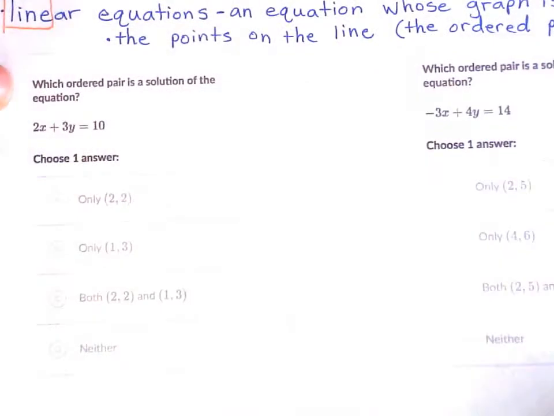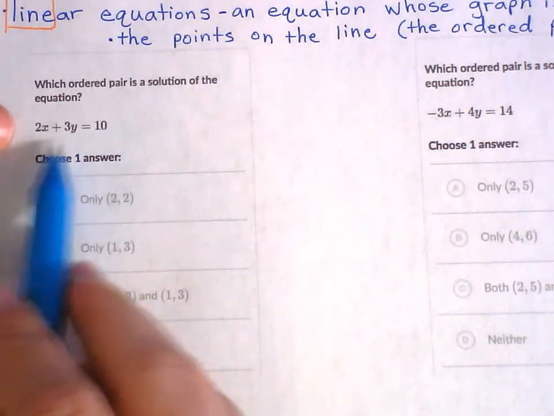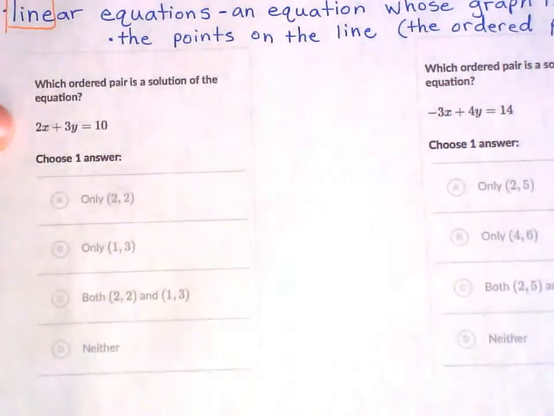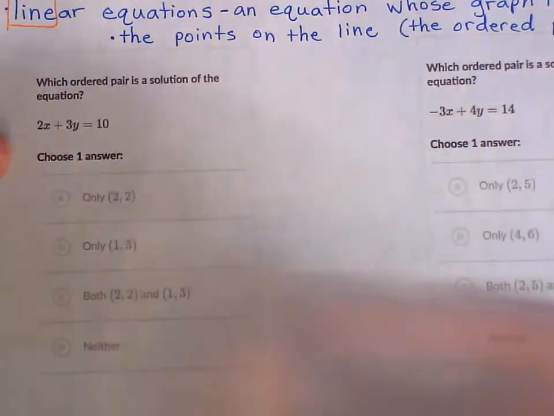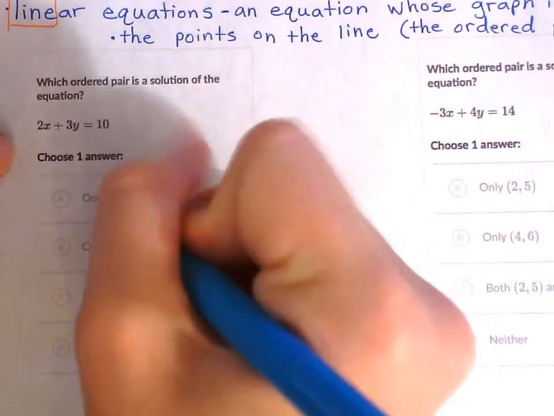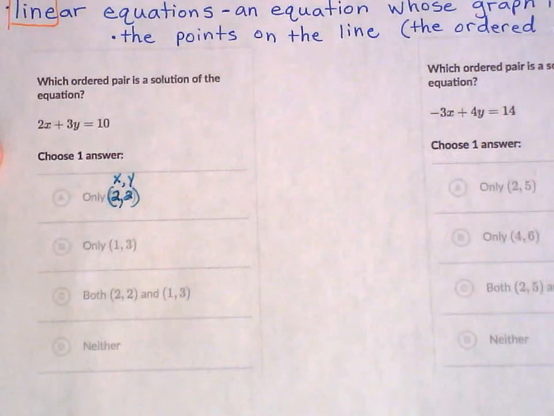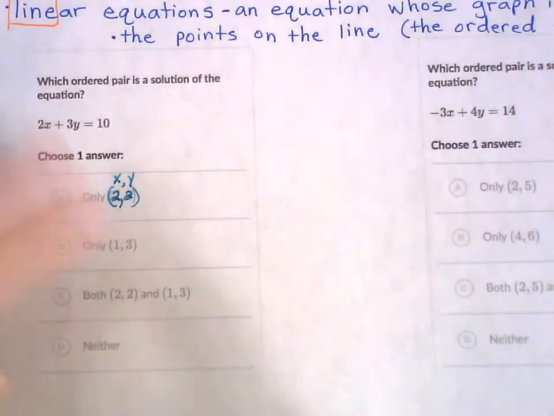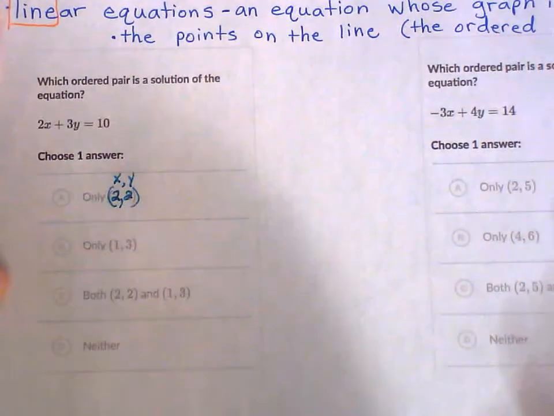Our equation is 2x plus 3y equals 10. The first one says 2, 2. Remember, the first one is our x, the second one is our y. So we need to substitute 2 in for x and 2 in for y and solve.